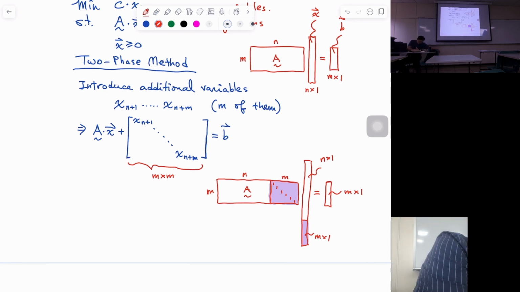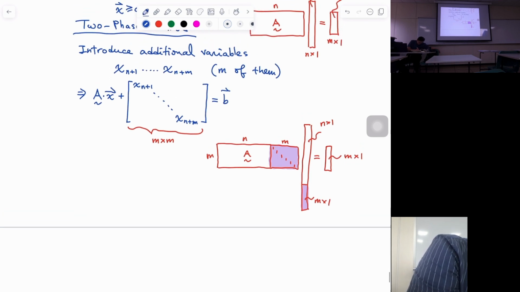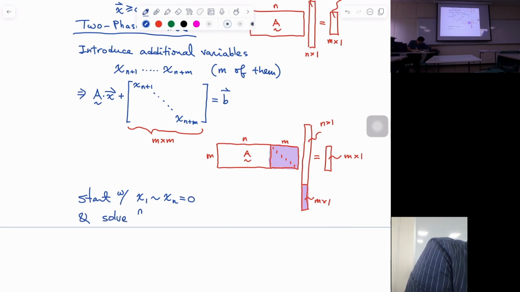So in this case, you can start with x1 to xn equals 0 and solve for x n plus 1 to x n plus m.